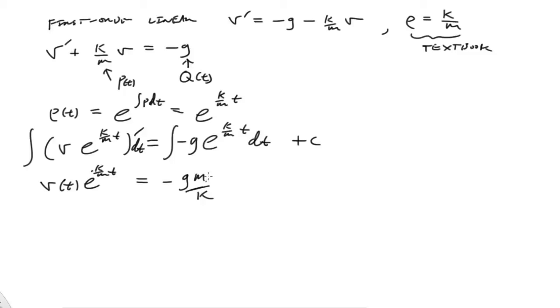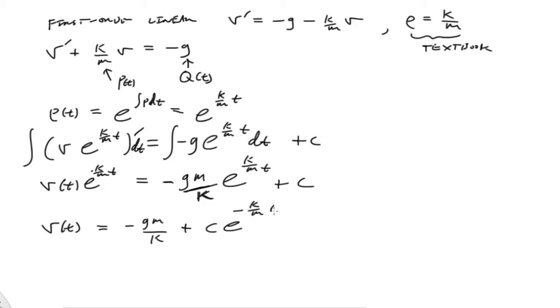And that's a curious constant because it looks like that is the gravitational force divided by the drag coefficient. So that's an interesting piece there. And then we just solve for v of t, and we get negative g m over k plus c e to the negative k over m t.